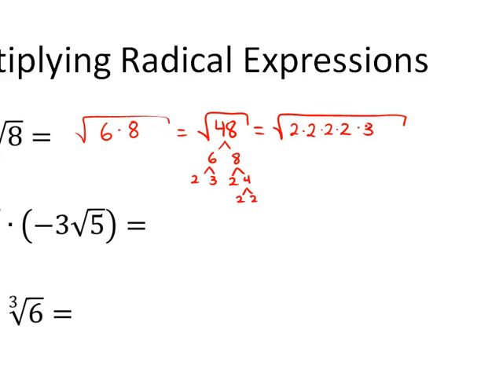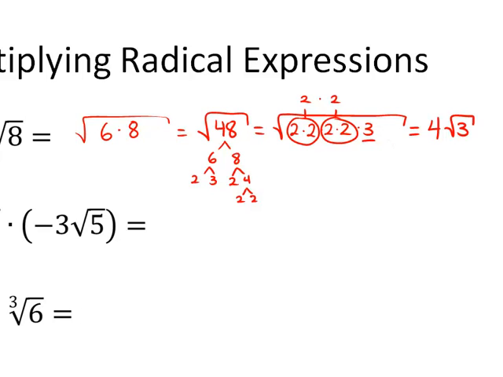That way, I can now see that I have one pair of 2's, another pair of 2's, and a 3 that's left alone. So each pair of 2's, remember, is like taking the root of 4, which becomes 2. So that really we just have 2 times 2 outside of the root, which is 4, root 3. If you're lost with this, you should go back to the previous video on simplifying radical expressions.